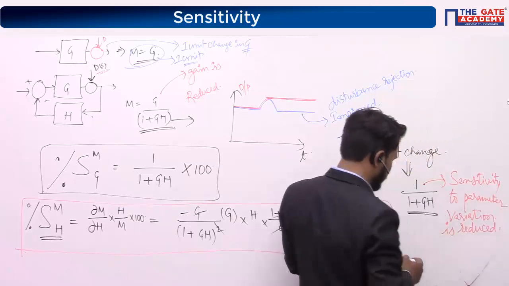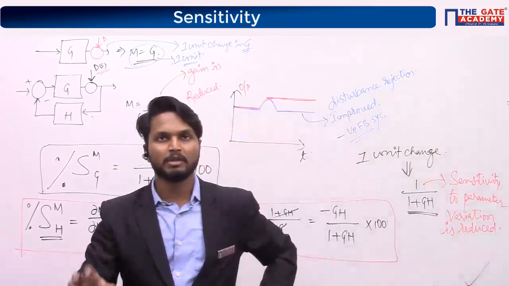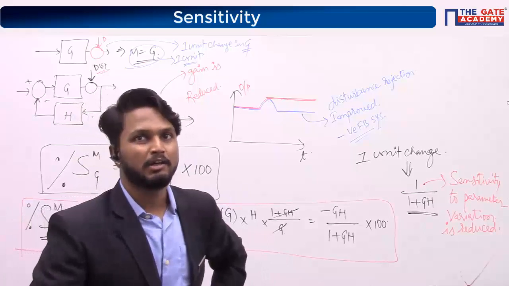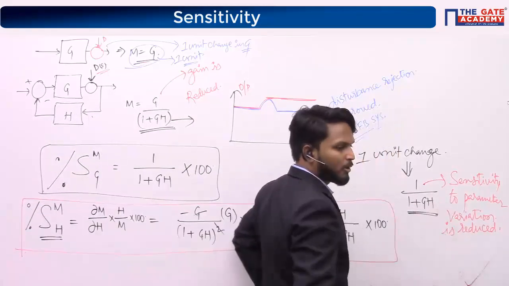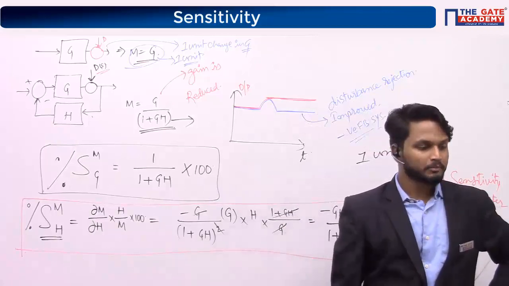Sensitivity to parameter variations has been reduced. Yes, it is reduced, therefore option D cannot be the correct answer.